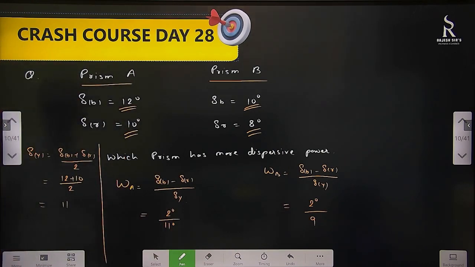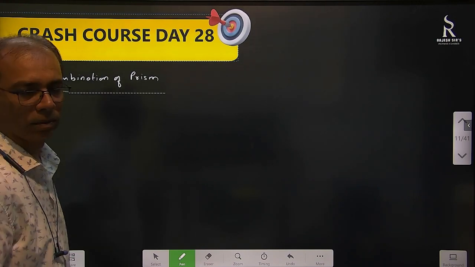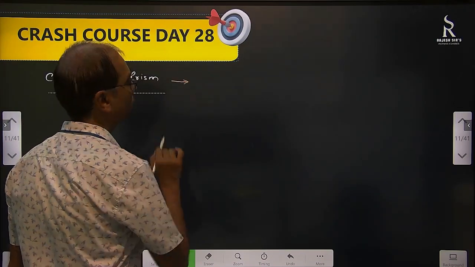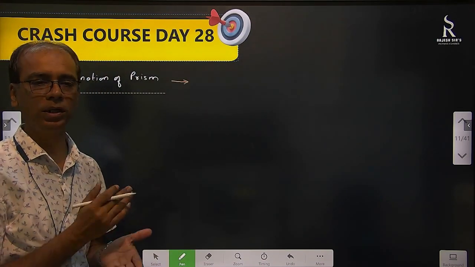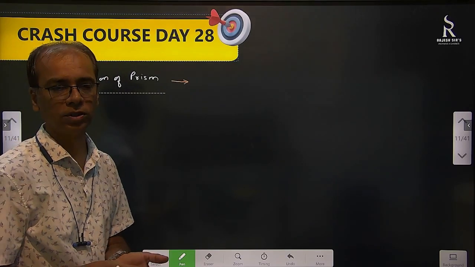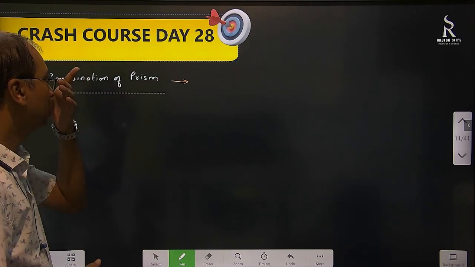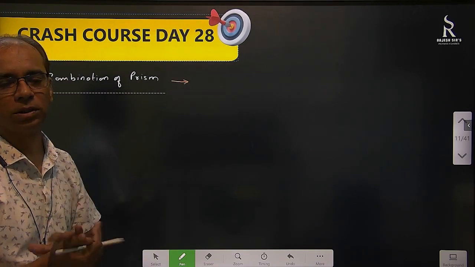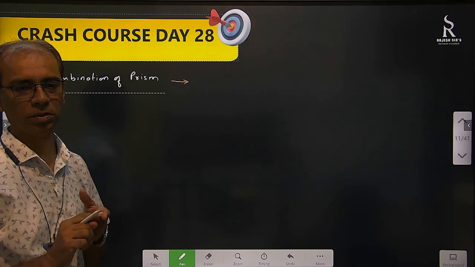Alright. Now, combination of prisms. Why is a combination of prisms required? First, two things are happening in the prism: dispersion is happening, and deviation is also happening. In fact, we measure dispersion in terms of deviation only, delta V minus delta R. That is only the angle of dispersion. So when we have the combination, we want to have any one: either deviation should be there or dispersion should be there.